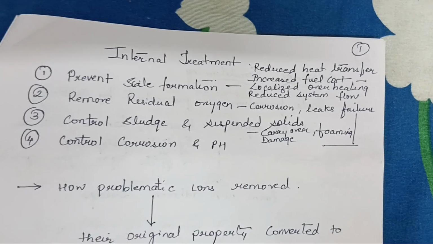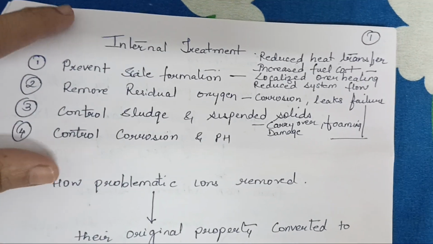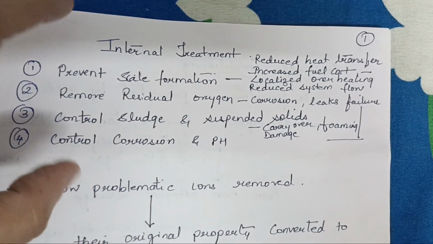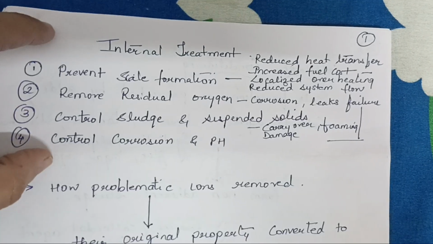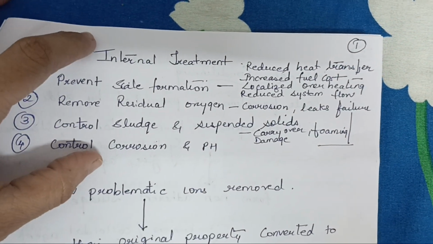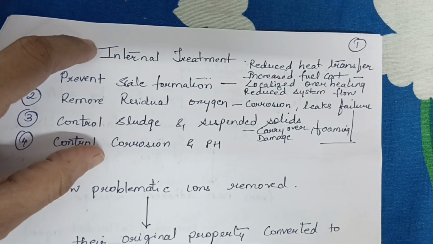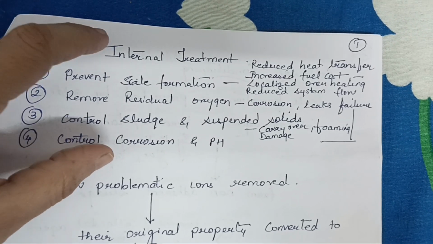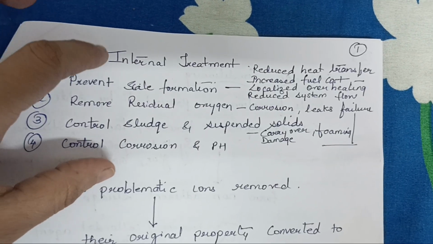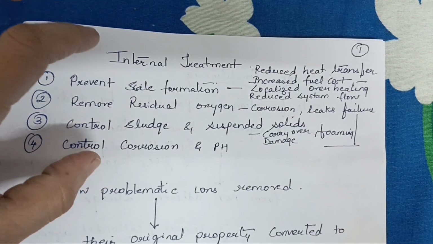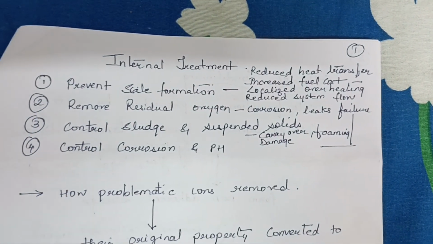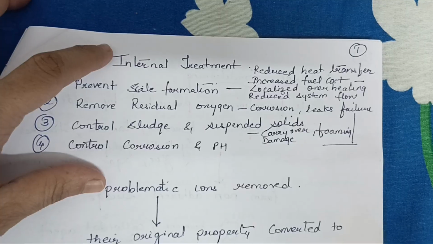So before proceeding further, I just wanted to explain what internal treatment is in a brief statement. Any of the water which has already been treated by the external treatment and has fed into boiler body, but we have to remove the anions, cations which can cause boiler problems further, but yes, they have to be removed in the form of sludge because this do not get removed in the external treatment, right?